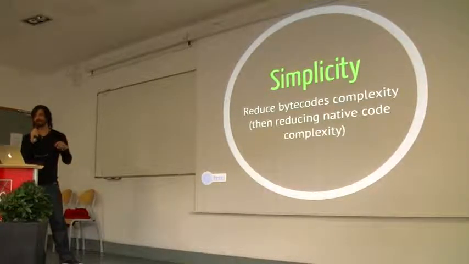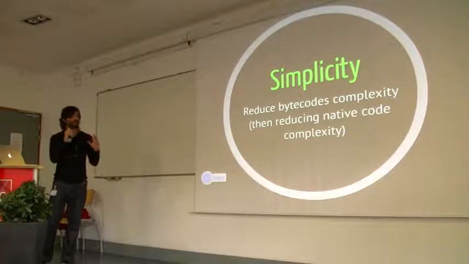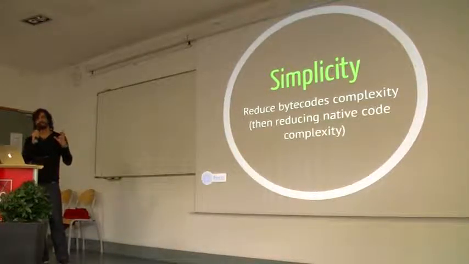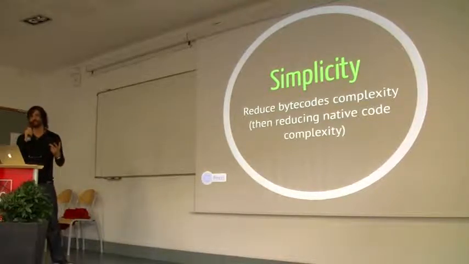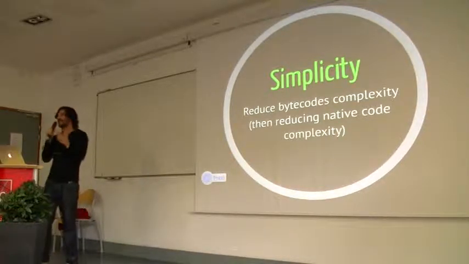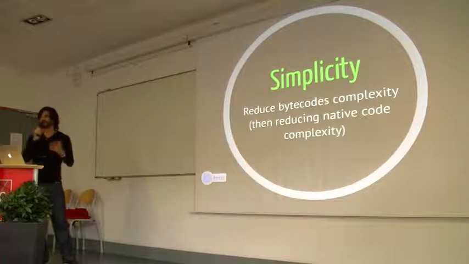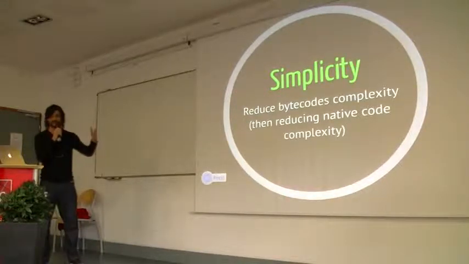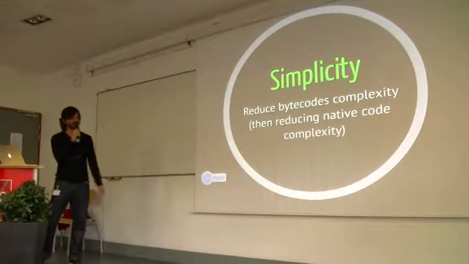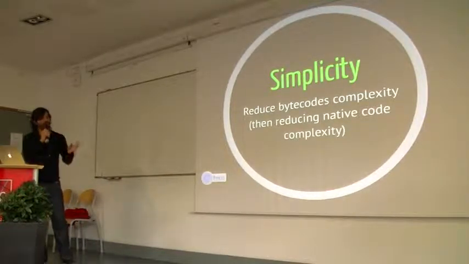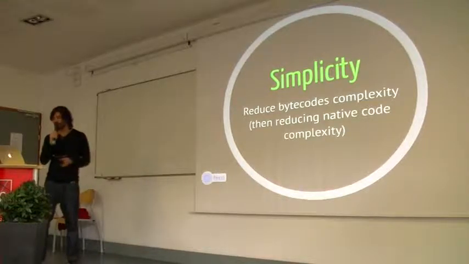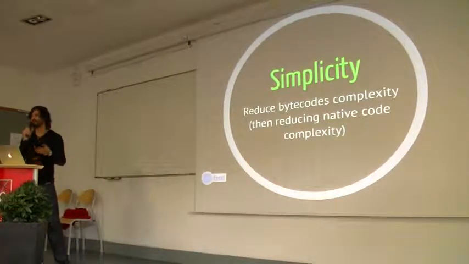If we get a simpler bytecode list, we can assume that we will get better results in the nativization, that is, the native machine code generation. It will depend, of course, on the just-in-time compiler, but we can assume that. In fact, we also developed the just-in-time compiler, so we know that.